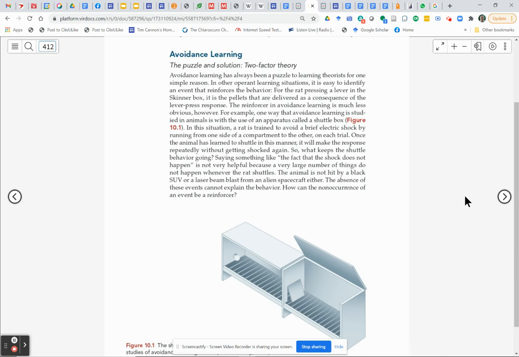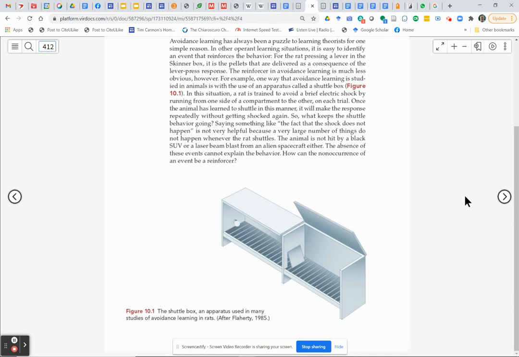I don't think I've ever used a shuttle box that simple, but it certainly has been used quite a bit, and well before 1985. So you have two chambers, and these are the shock grids that are connected to a shock scrambler. The polarity changes and the animal stands on them, so it can't avoid being shocked.